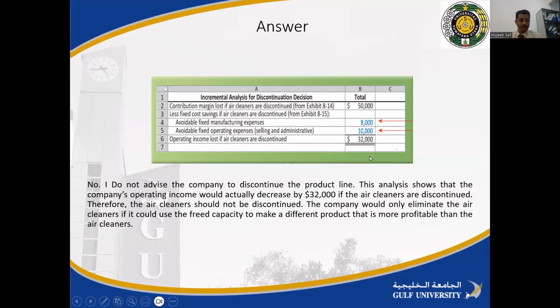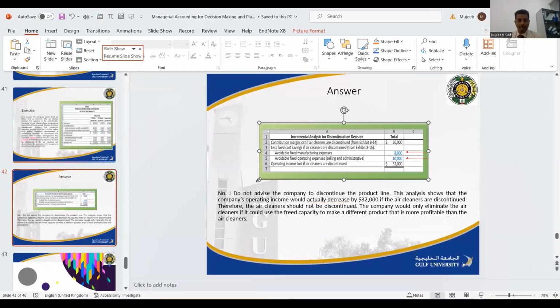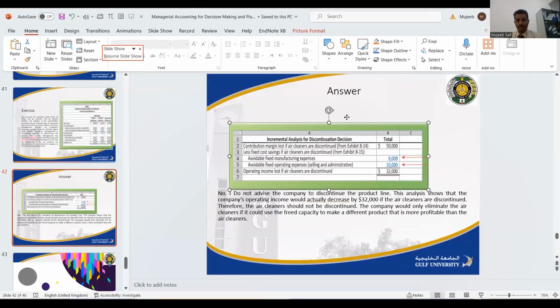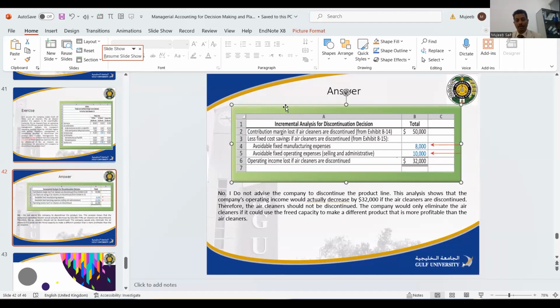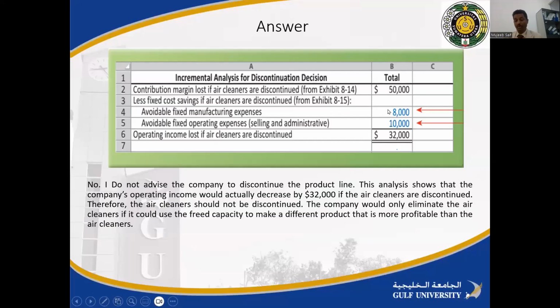You should know if I close this production line, I will lose some revenue and I will save some cost. If the revenue loss is higher than the saved cost, that means it is not a good decision to close this line.